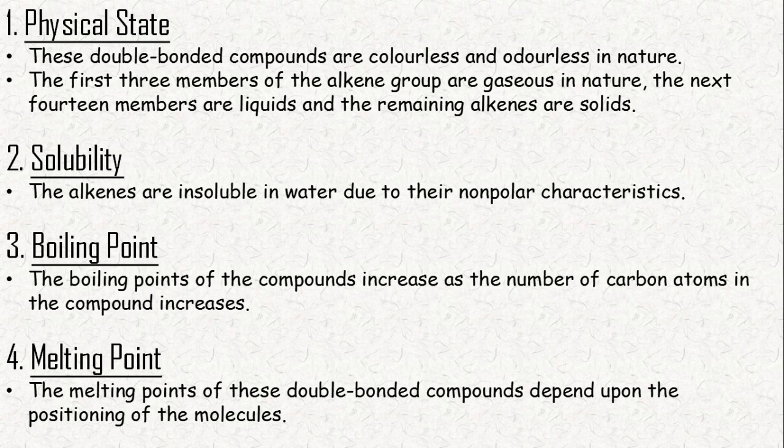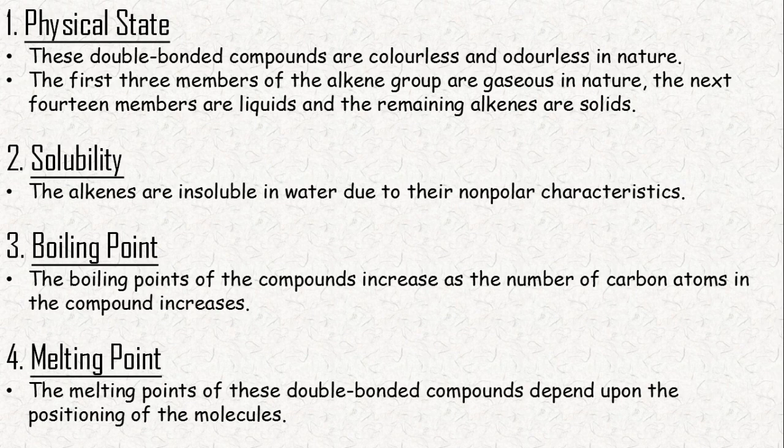Everything has exceptions. Only ethene has a smell; all other members of the alkenes are colorless and odorless in nature. The first 3 members of alkenes are gases, the next 14 members are liquids, and the remaining alkenes are solids.